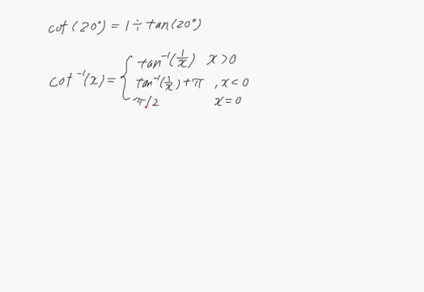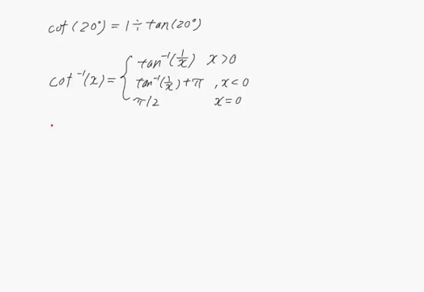Remember, these identities between the inverse cotangent and the inverse tangent are very important. Also, we have another identity between the inverse tangent and inverse cotangent that is simpler.